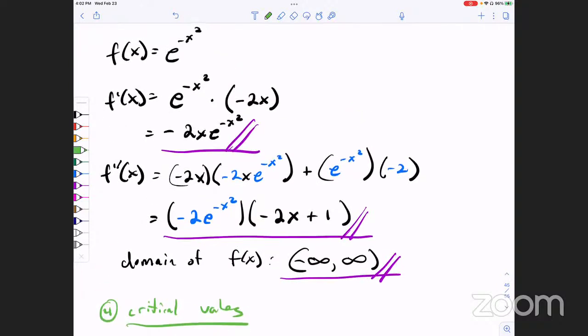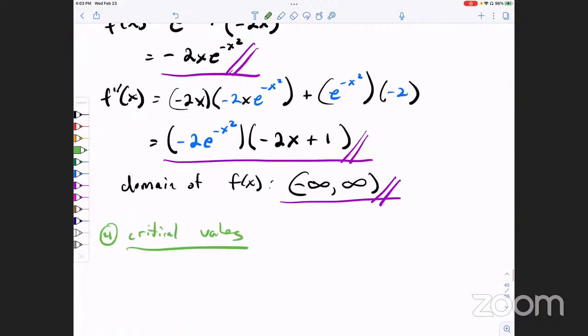Critical values are going to occur when the first derivative is either 0 or undefined. x equals 0 makes that 0. Since we got that negative exponent, we can't make the denominator 0, but x equals 0, right? So the critical value is going to be x equals 0.